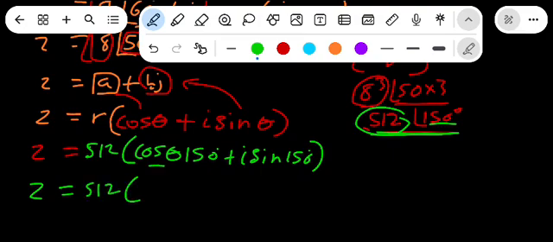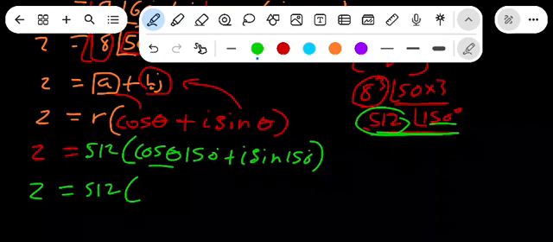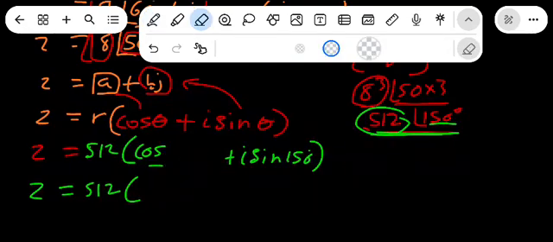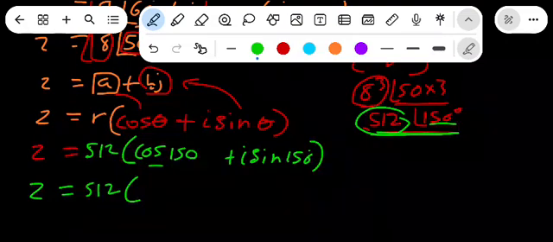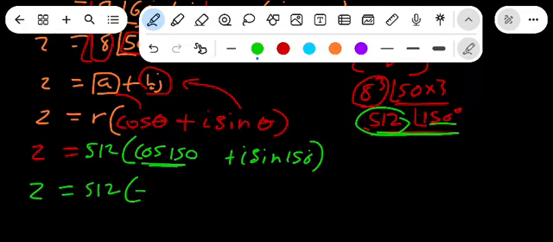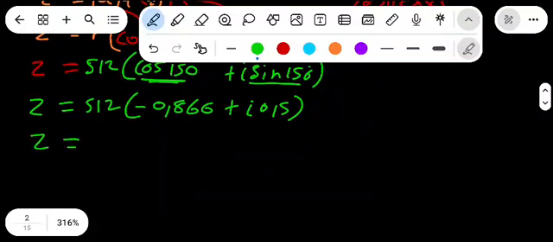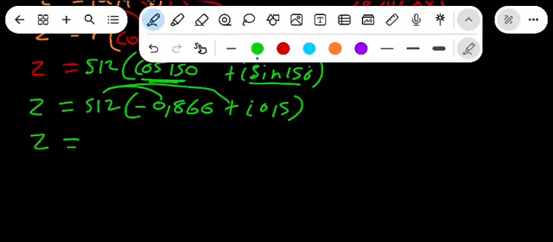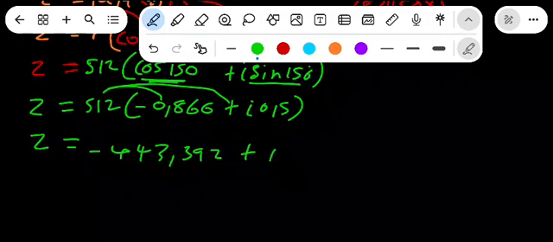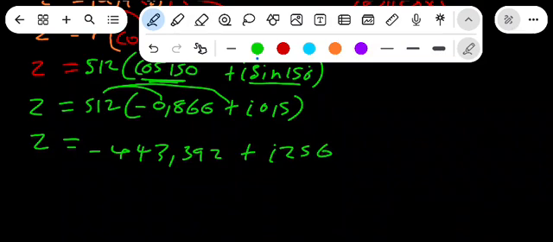Cos 150 is negative 0.866 and sine 150 is 0.5. Multiplying, we have negative 443.392 plus i 256.